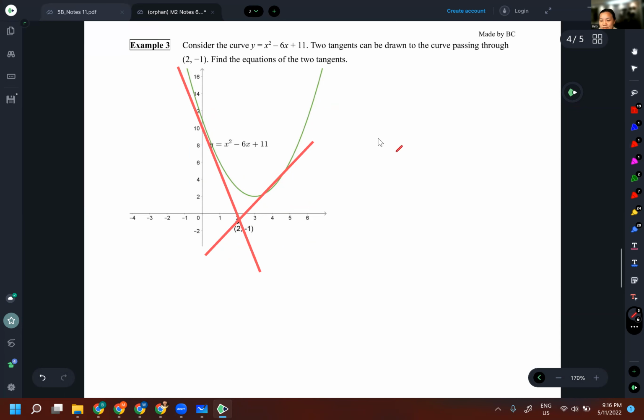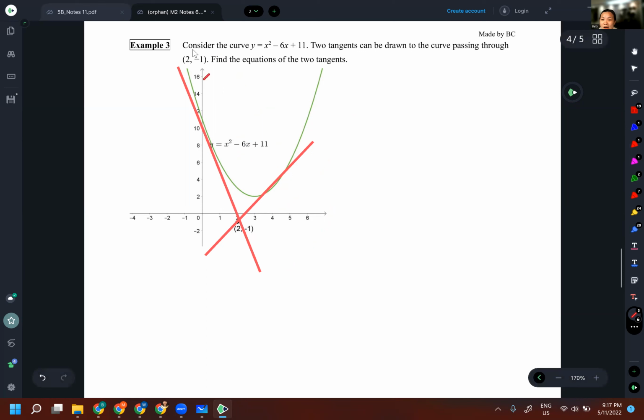Now how to find these two lines? I say the difficulty increases rapidly because right now we don't have the point of contact, like example 1. And we also don't have the slope of the tangents, like example 2.